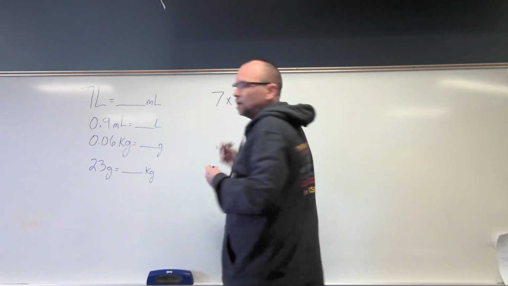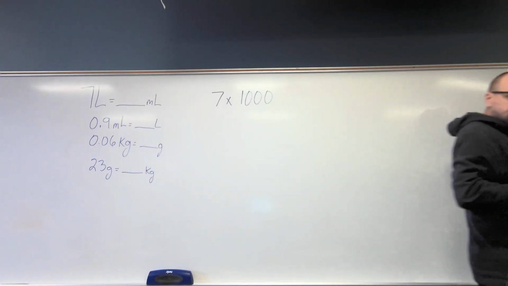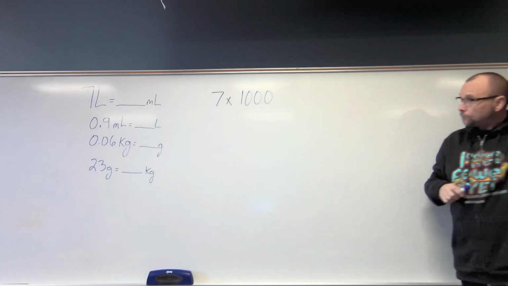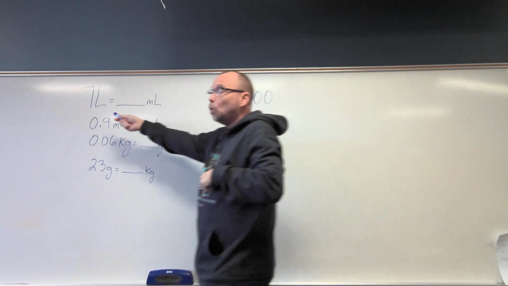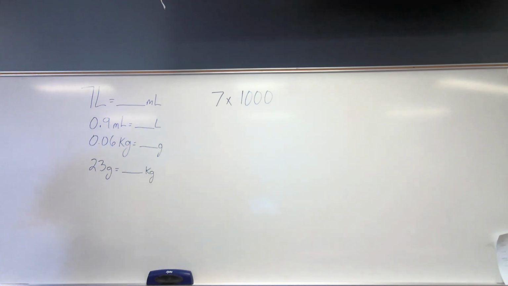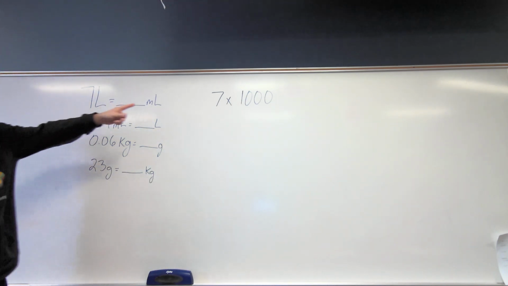And how do you know that, Travis? Because 7 liters equals 7,000 milliliters. Okay, so 1 liter equals 1,000 milliliters. Yeah, so I'm multiplying by 1,000.